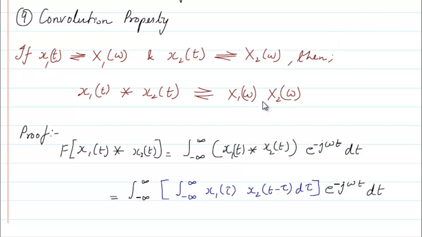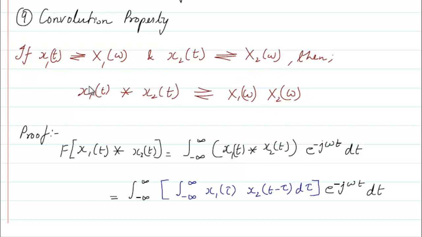Next is the convolution property. What does the convolution property say? It says that if you have a function x1 of t whose Fourier transform is x1 of omega, and another function x2 of t whose Fourier transform is x2 of omega, then if you convolve x1 of t and x2 of t together, in the frequency domain you are going to multiply x1 of omega with x2 of omega.